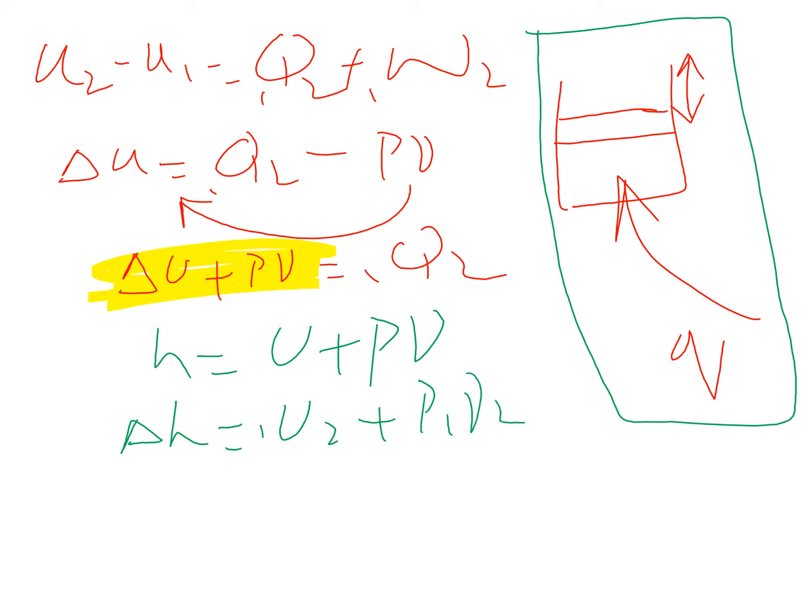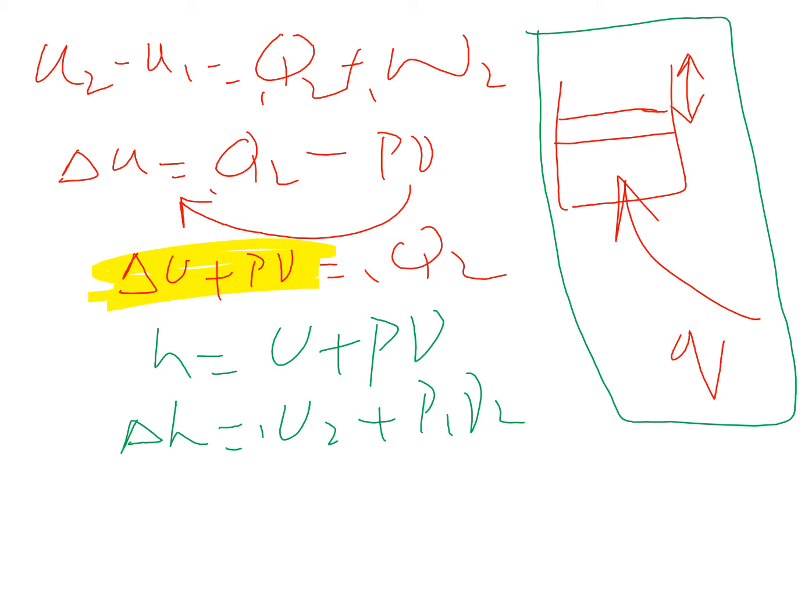So we can see that if we talk about the specific heat at constant pressure, it will be the change in enthalpy, but there must not be a change in the phase of the system. There must be no transition of this substance from liquid to solid, or liquid to vapors, or any other phase transition.